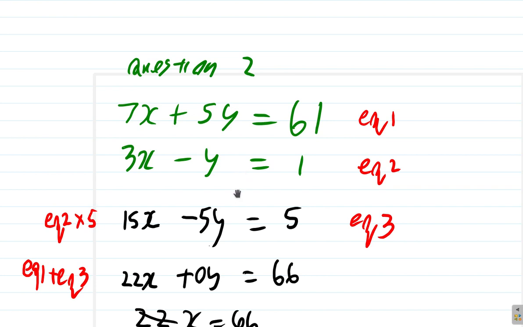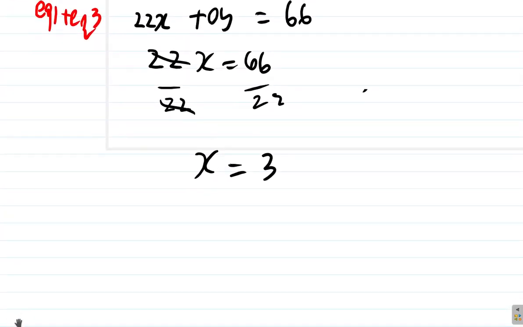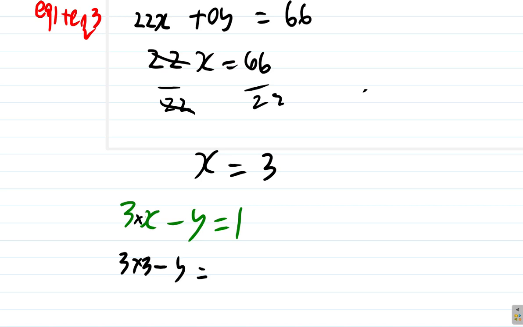So 3x minus y equals 1. But 3x means 3 times x. But guess what? You know that x is 3. So you write 3 times 3 minus y equals 1.